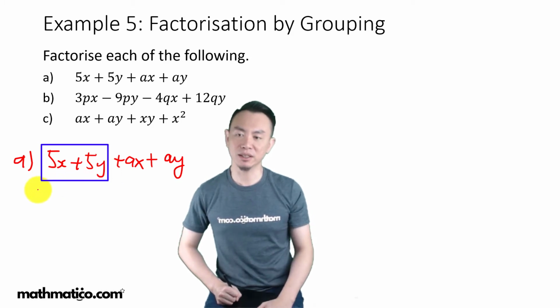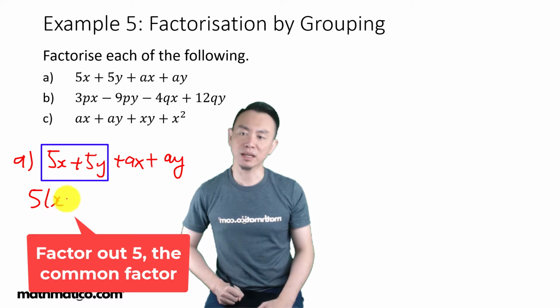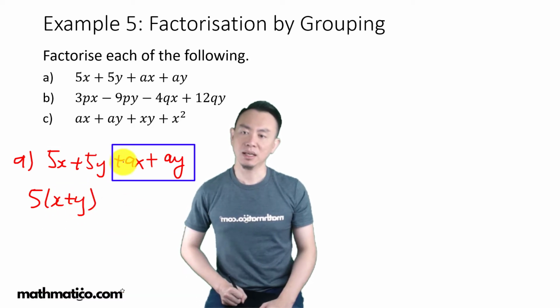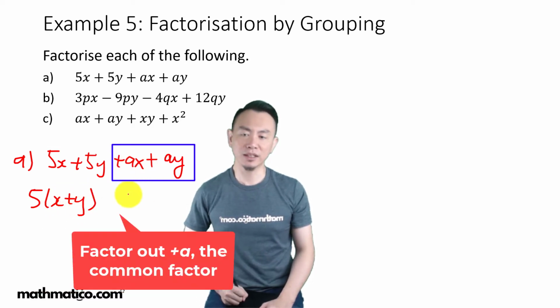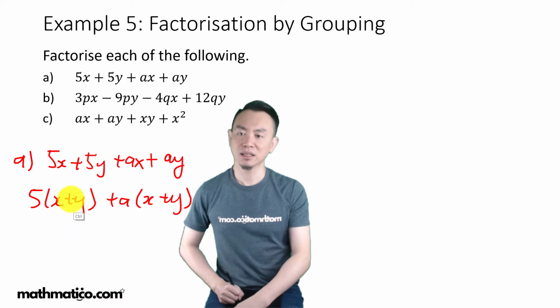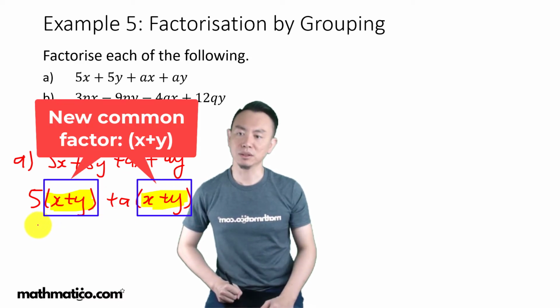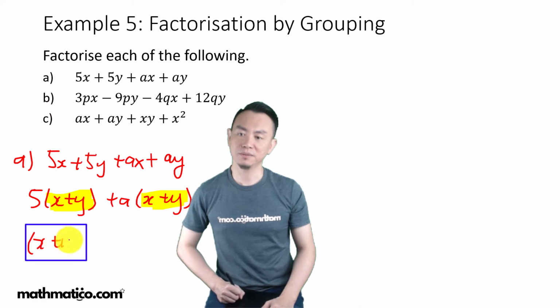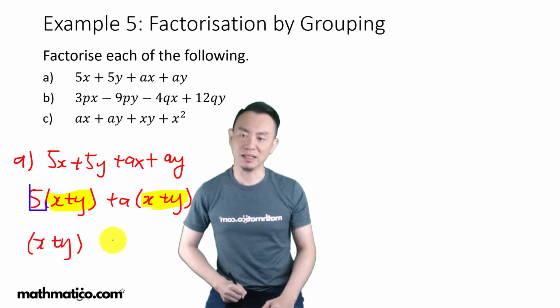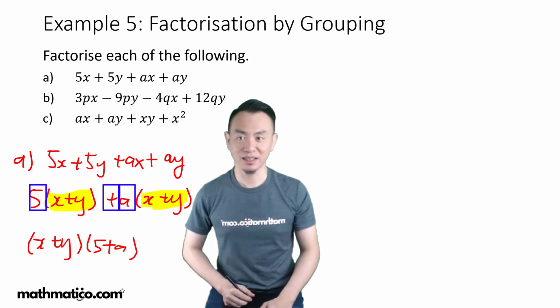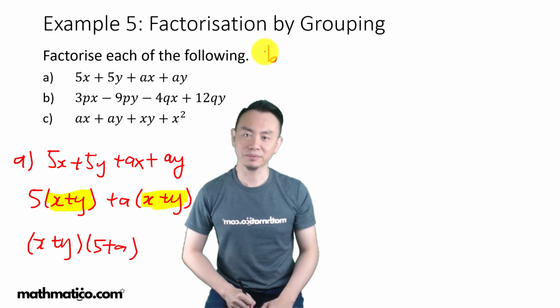The common factor here is 5, and then you have bracket x plus y. And here, a is a common factor, so you have plus a, you factor out a positive a, and you have an x plus y here. The new common factor is x plus y, so you will factor it out. And you have 5 plus a left behind. And that's it. That's part A done.